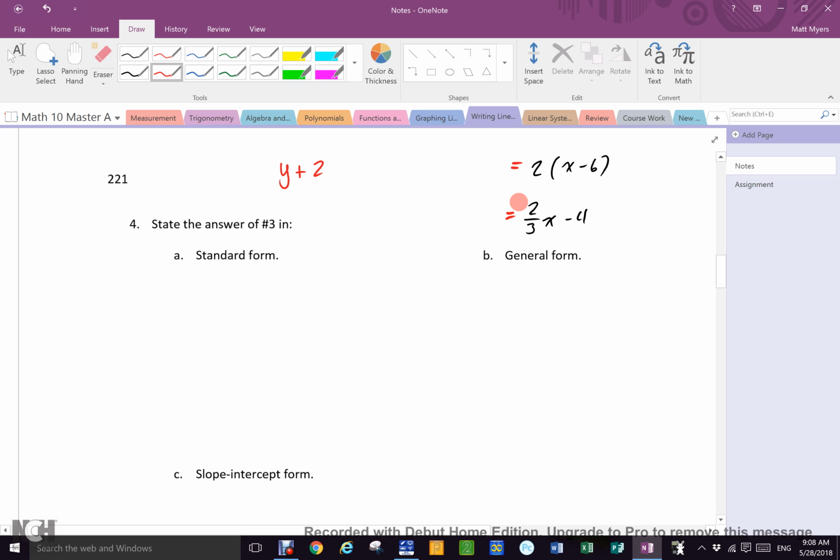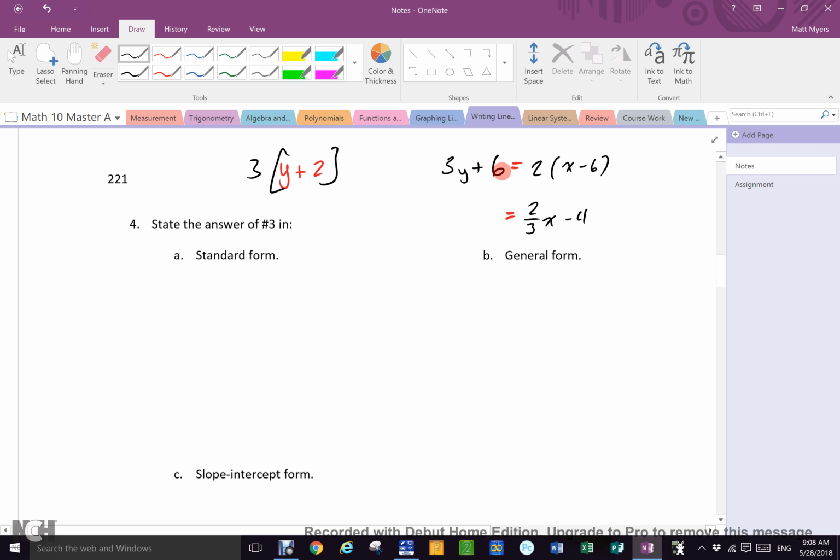Y plus 2. No, because we've changed this side. If we did Michael's thing, how did we get to here? I multiplied by 3. So what do I need to do here? Multiply by 3. So what would I get here? 1 over 3 y plus 2 over 6.